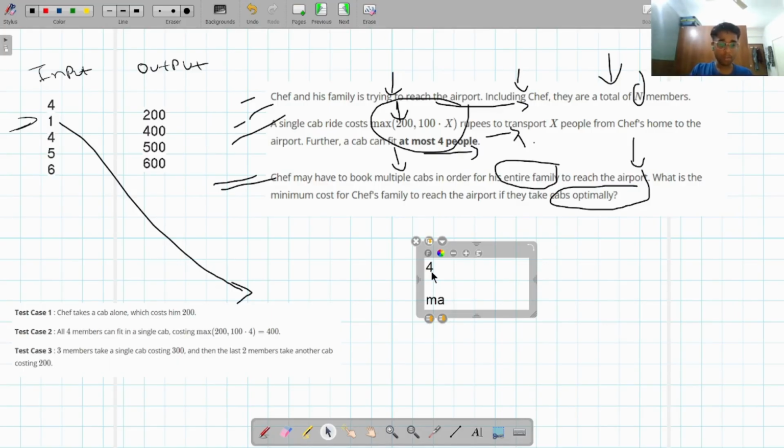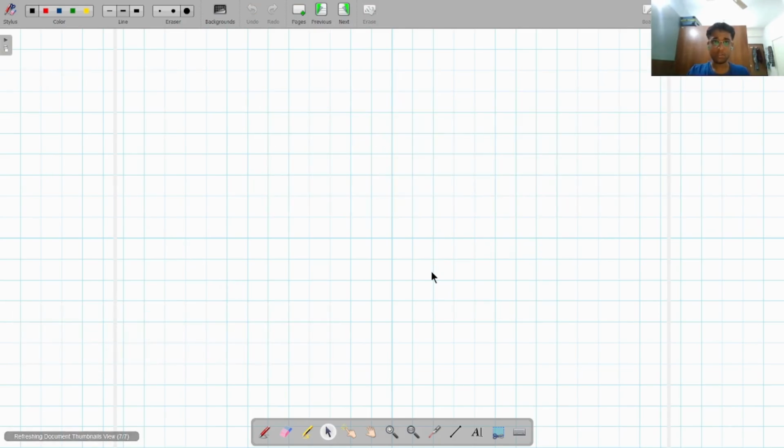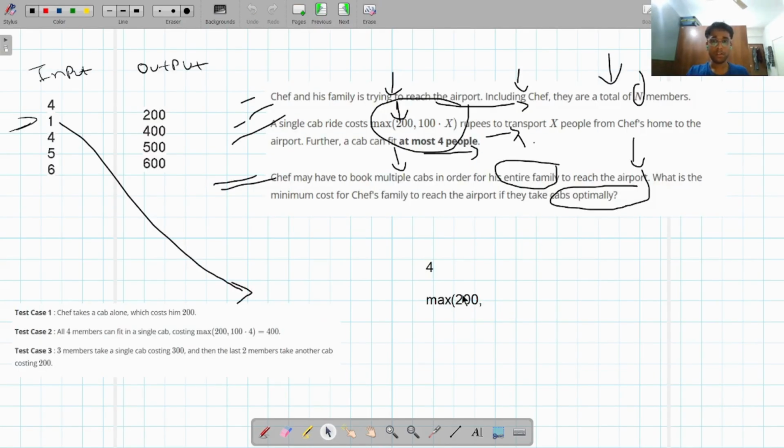So we take the maximum of 200 comma 100 times 4, which will give you 400, right? So that would be our output, because that is the maximum. So guys, I think the test cases are pretty much clear.